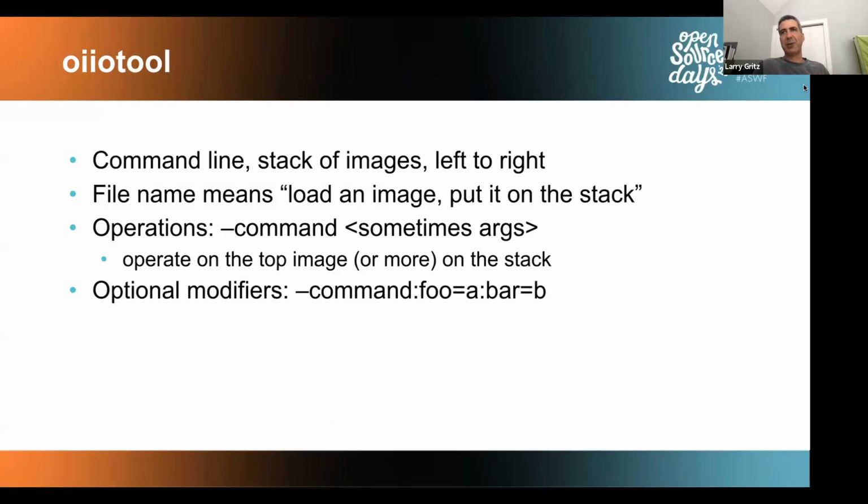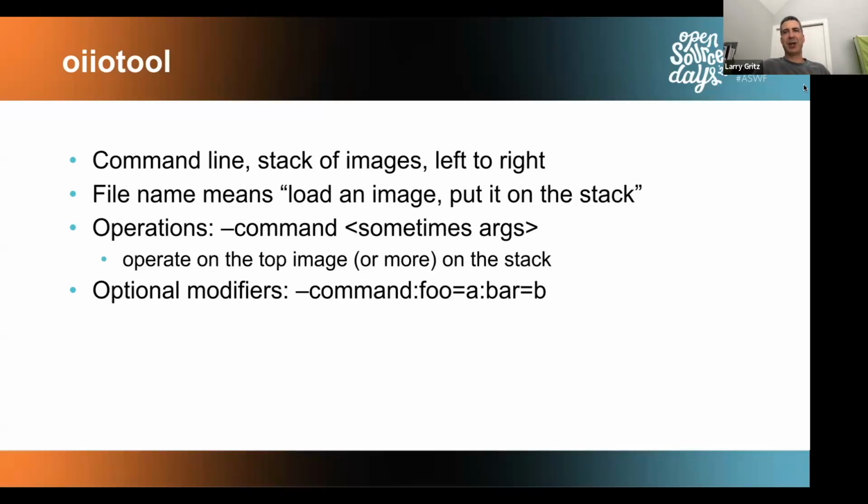The way to think about how you use it on the command line is it's a sequence of arguments that are processed left to right, in order. The two things that happen: anytime an argument is the name of an image, that is putting it on the stack. Everything else is pushed down, and that becomes the new top. Various commands operate on the top image, or sometimes the top two or more images.